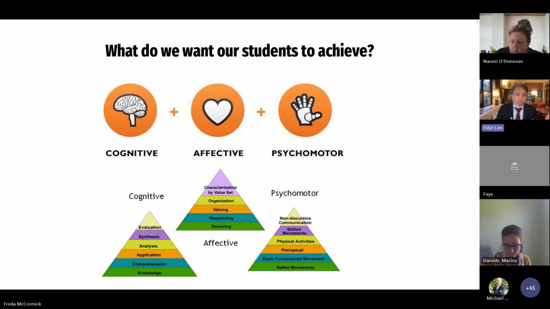So for example, a cognitive outcome is you're talking about specific healthcare disparities, affective. This is sort of your communication, your behavior, reflection outcomes, psychomotor, the hands-on, right?